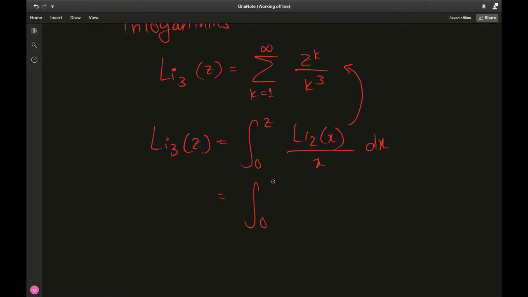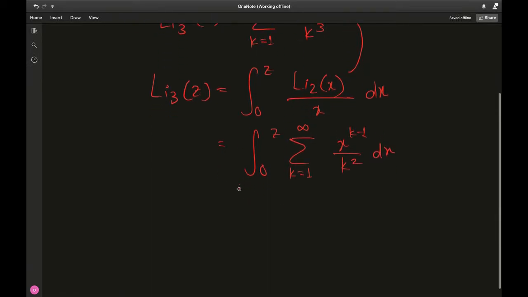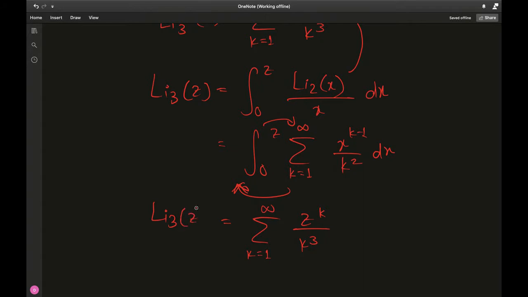All you do is take the sum definition of the dilogarithm function, and when you interchange the sum and the integral, you're left with the sum from k equals 1 to infinity of z to the k over k cubed, which is indeed the trilogarithm of z.